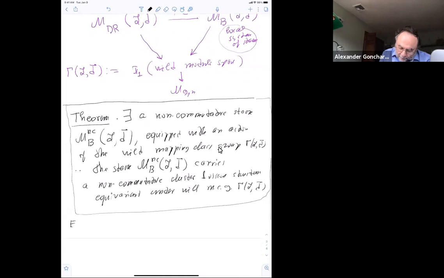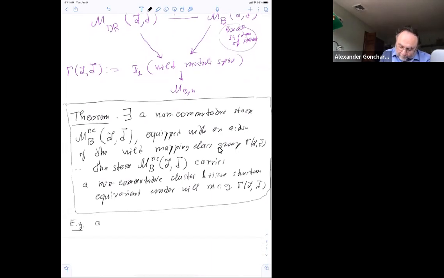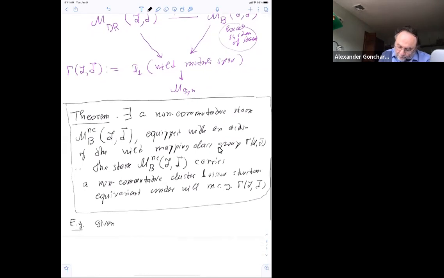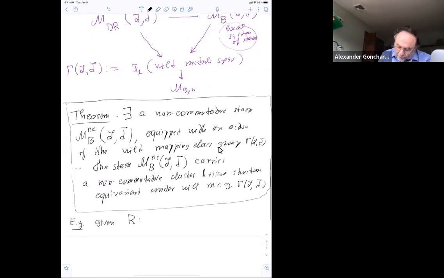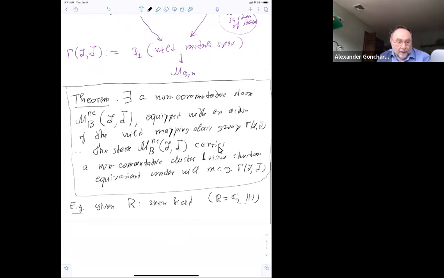So, for example, this means the following, that if you have some non-commutative field R, it's called a skew field. For example, you can take R as complex numbers, quaternions or something else.